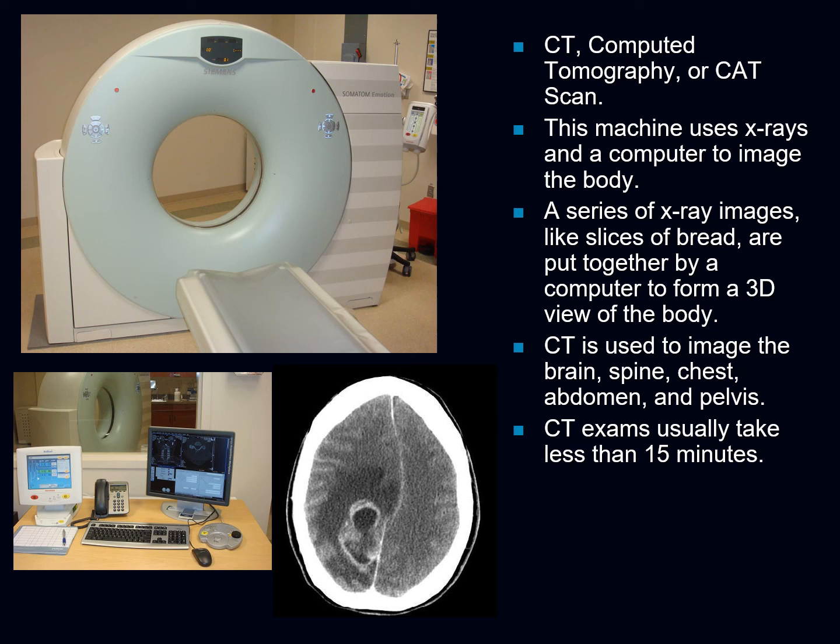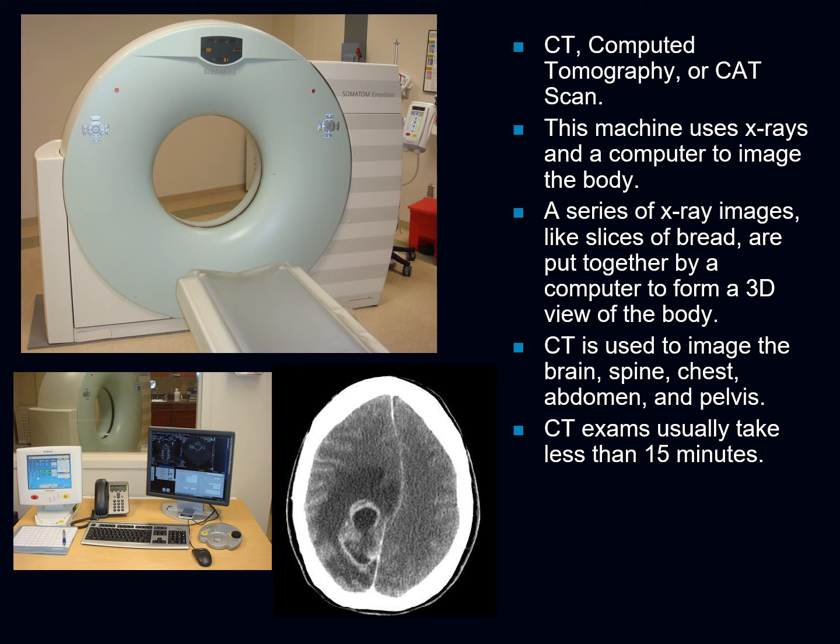CT, or CAT scan, is short for computed tomography. This machine uses x-rays and a computer to image the body as the patient moves in and out of the circular opening. CT is superior at imaging the brain, spine, chest, abdomen, and pelvis.